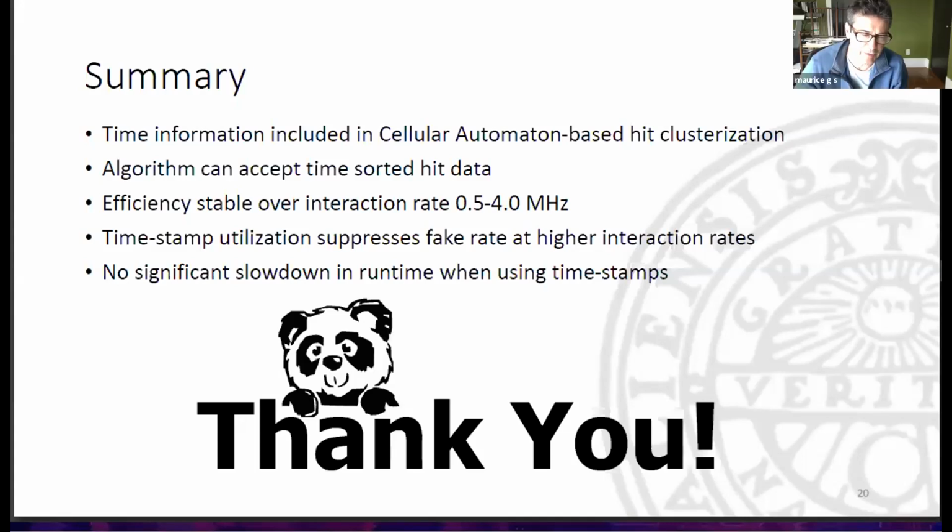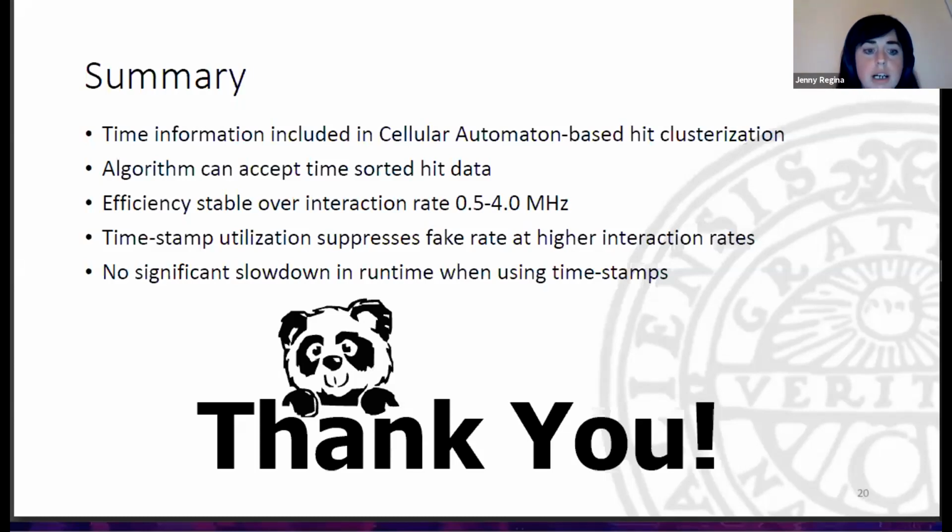And how big is the spread of the time of the hits, just if you look at the total time distribution? Yes, so right now the spread of the timestamps within one track is usually about 100 nanoseconds.